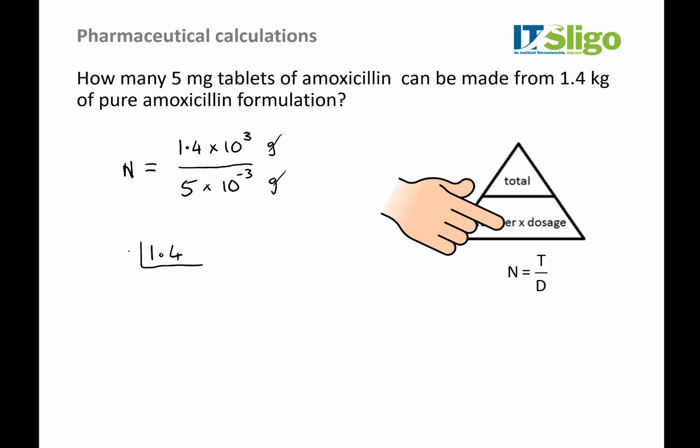1.4 divided by 5. 5 won't go in. 5 will go into 14 twice. Bring another 0. And we get 0.28. So numbers do what numbers do, guys. I get 0.28. Now powers do what powers do.